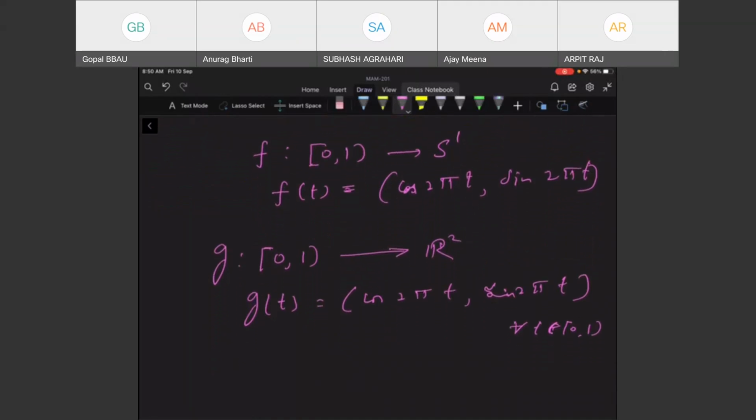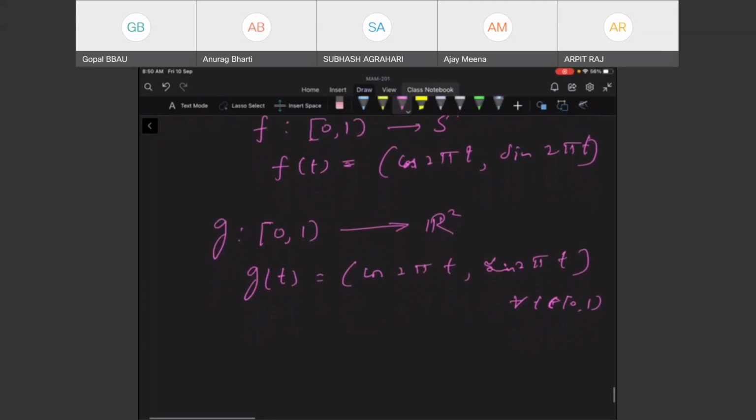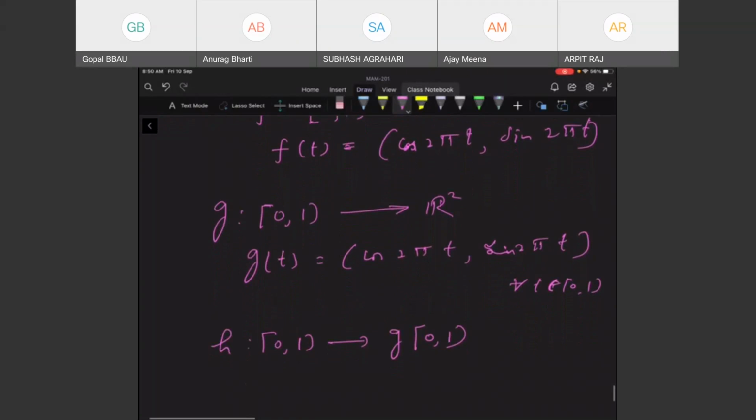Embedding is a continuous map. So G would be an embedding if h from (0, 1) to G((0, 1)), h(t) same as g(t), is a homeomorphism.